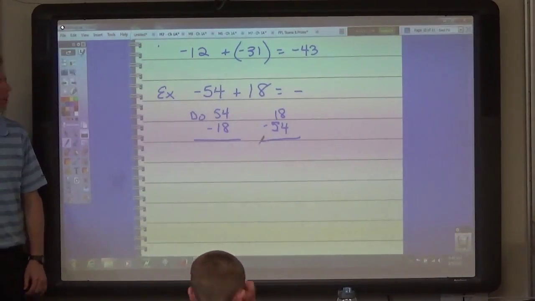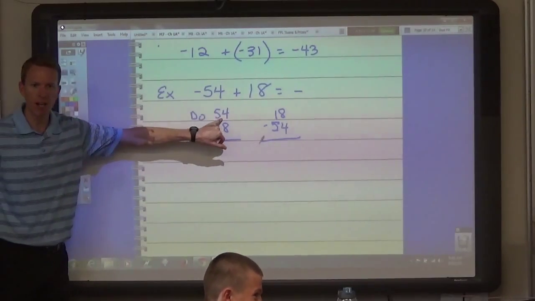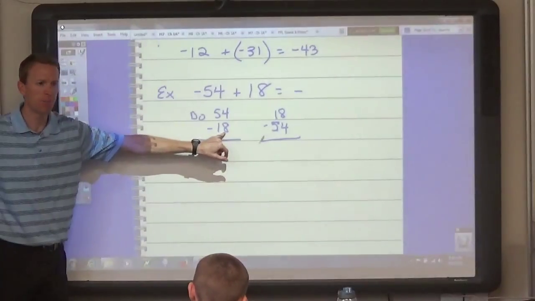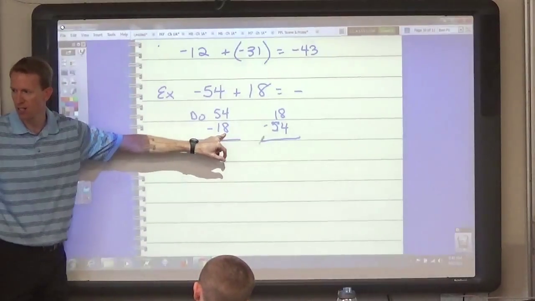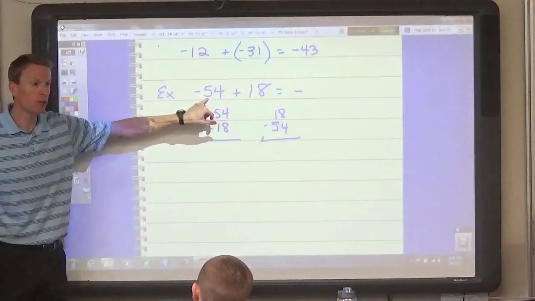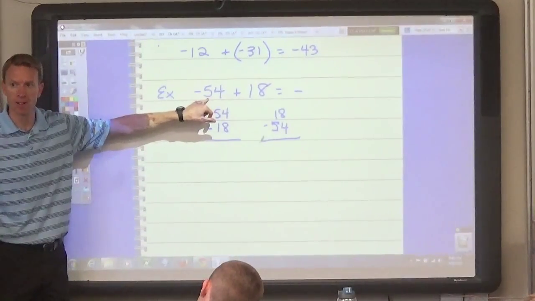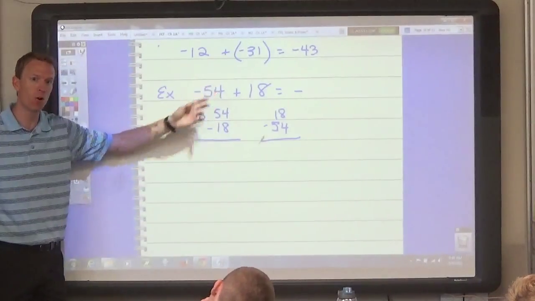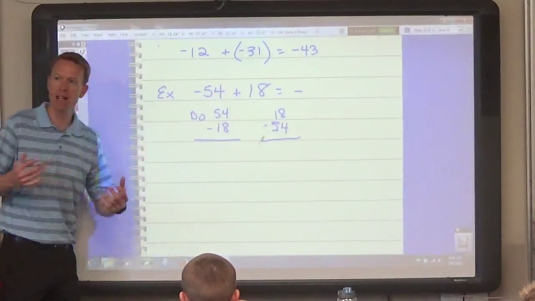No. You always have to use the bigger absolute value minus the smaller absolute value to find the difference. So the bigger absolute value is negative 54, isn't it? We have to take away 18 from the 54 to find the remaining amount.